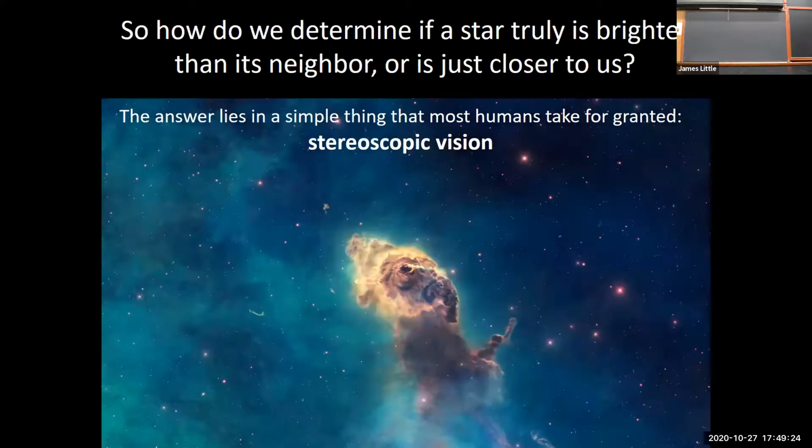So when you open and close your right and your left eye, respectively, you see the object move. This is called stereoscopic vision. We don't think of people necessarily as being tremendously gifted animals.